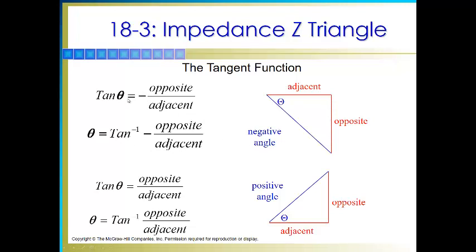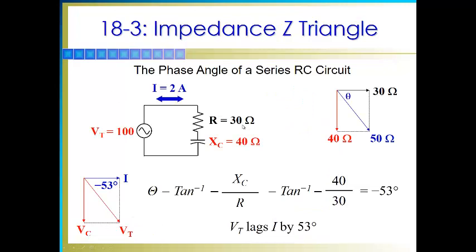And then, to find the angle, we take the inverse tangent on both sides, and now the inverse tangent of this division will give you the actual degrees of this angle, if we work in degrees. If you're working in radians, it will give you the radians in here, okay?